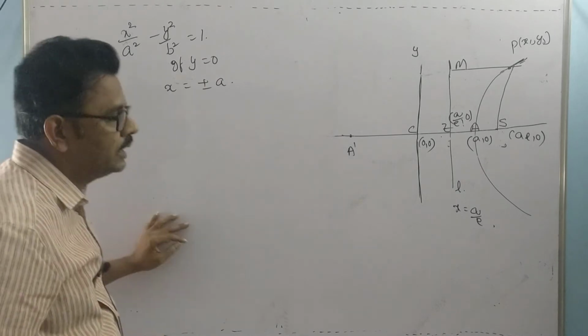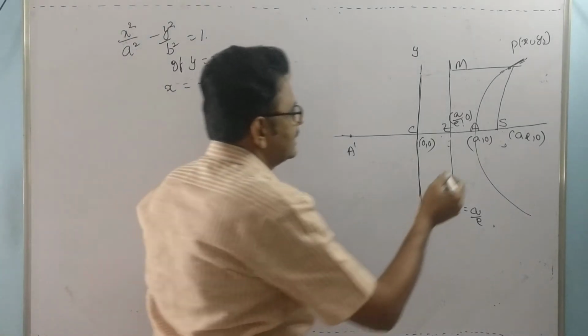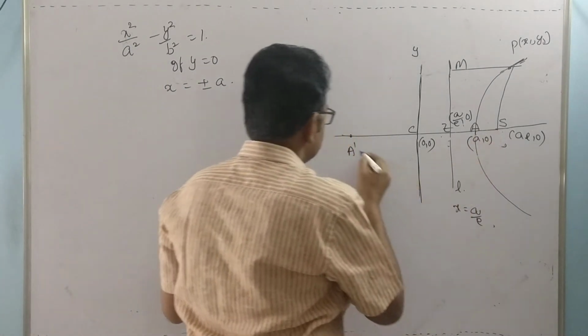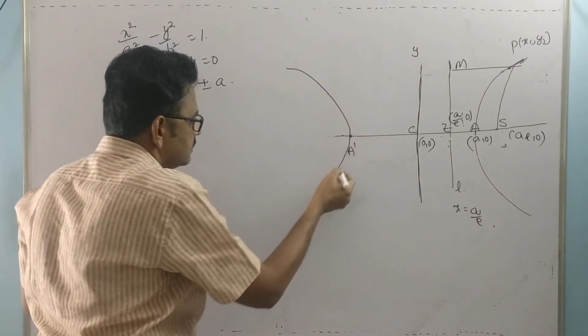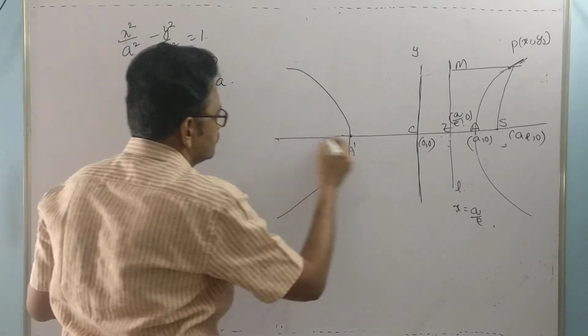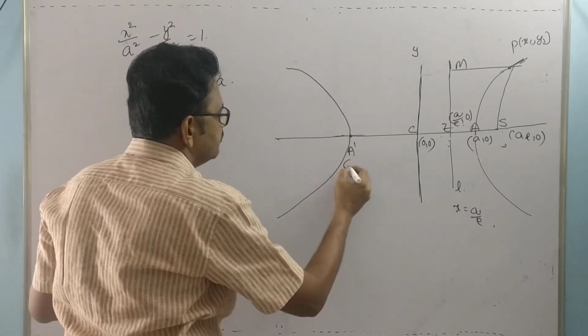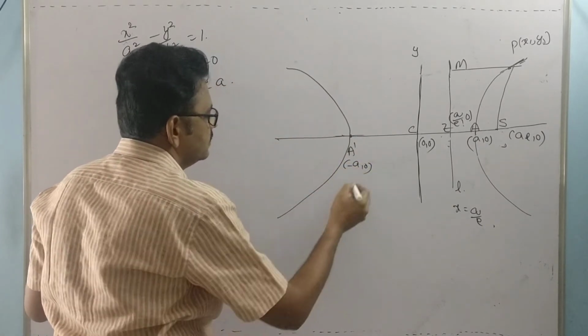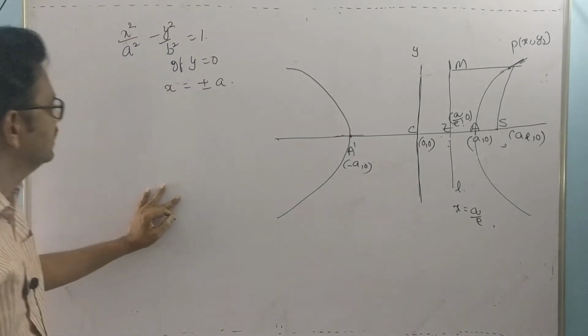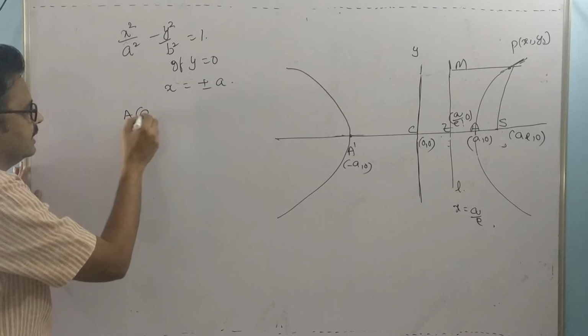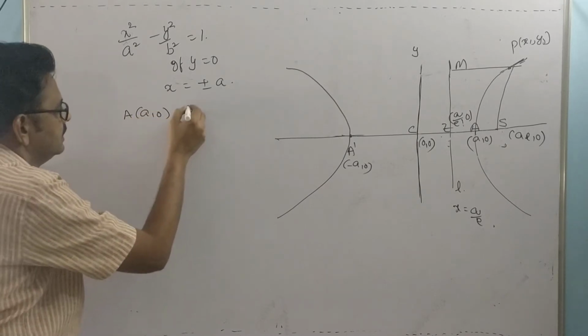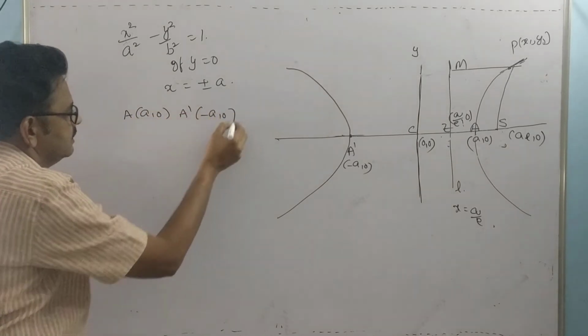That means the hyperbola cuts the x-axis at (a, 0) and A dash, which is (minus a, 0).